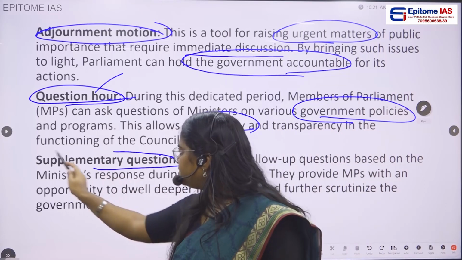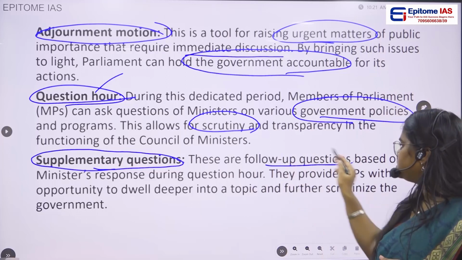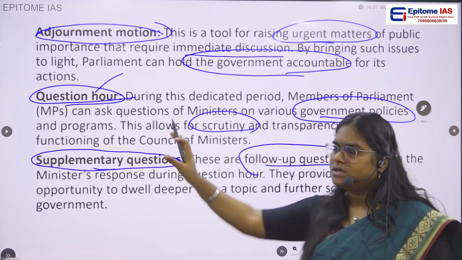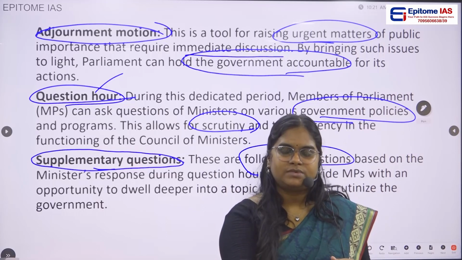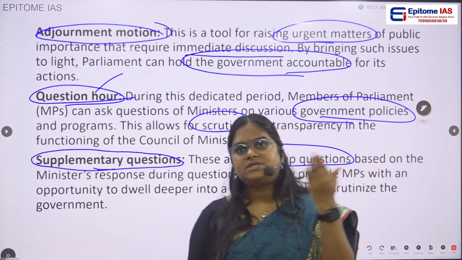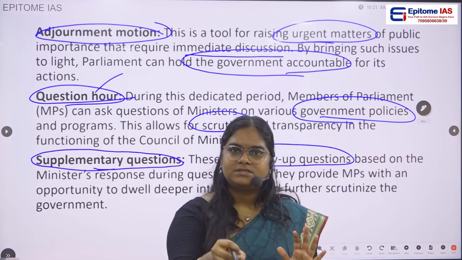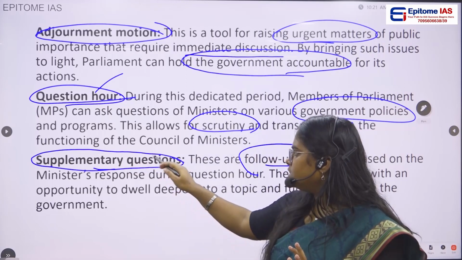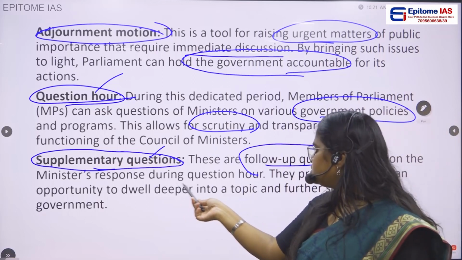Then we have supplementary questions. What are these supplementary questions? These are follow-up questions. During the question hour, the member of Parliament asks a question to the Council of Ministers or any particular minister, and once the minister gives the answer, they ask a follow-up question, and that follow-up question is called a supplementary question, based on the minister's response during the question hour.